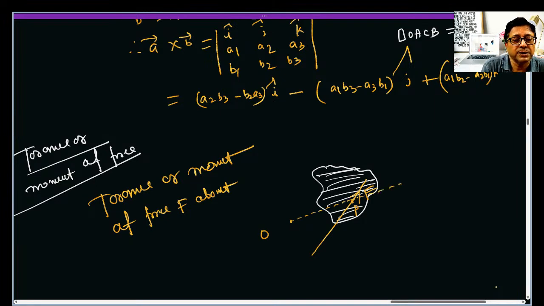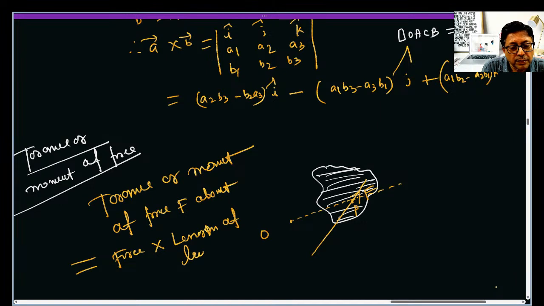How do I account for this? This is defined as force into length of lever arm. What is the lever arm? You are going to calculate torque about the point O. From there, you draw a perpendicular. OM is the perpendicular.